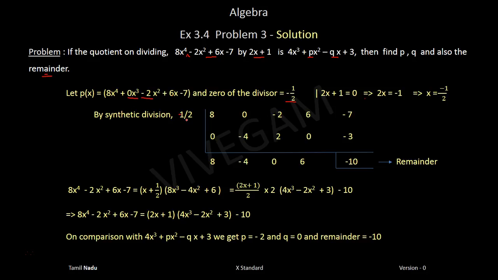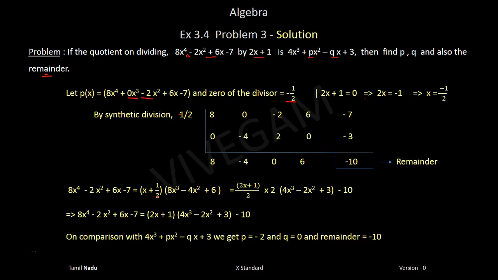That's a simple rule. So x plus half into the quotient: this is the constant, x square and x cubed. So it is 8x cubed minus 4x square plus 0x, we'll leave it as it is, and 6.